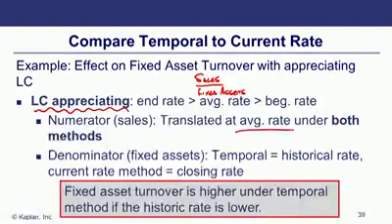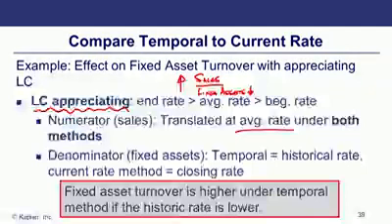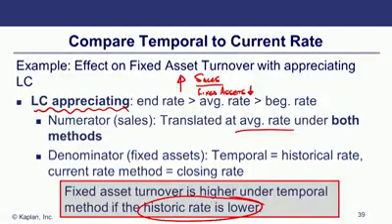Essentially, we are making an assumption that the historic rate is smaller than the closing rate. If that's the case, then the temporal method, because it uses a lower historic rate, gives us lower fixed assets and therefore a higher fixed asset turnover. Only, of course, if that historic rate is lower than the closing rate. And that's the kind of approach that you're going to have to take for the exam.